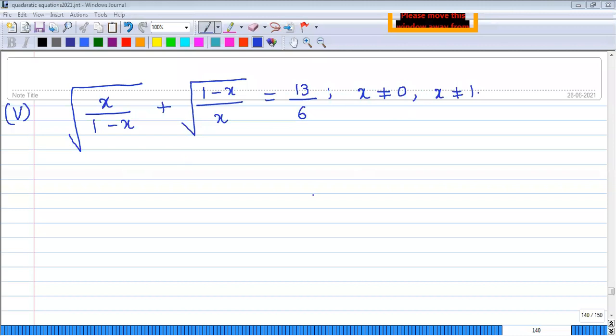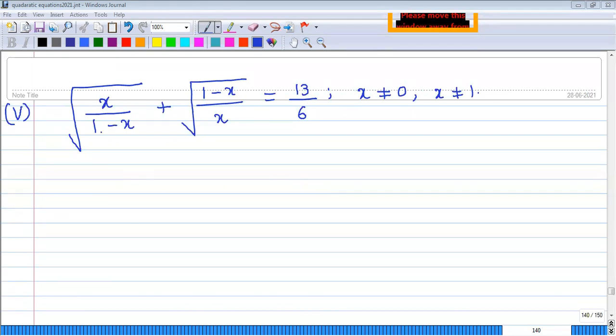Can take value x equal to t. If you take x is equal to t, again you will be getting in terms of t only. The problem is same. Root of t upon 1 minus t plus root of 1 minus t by t. That cannot be written in the form of quadratic. It cannot be reduced into the quadratic equation.